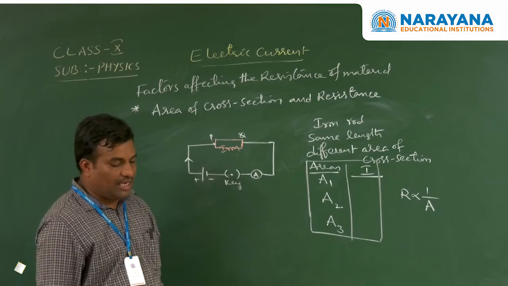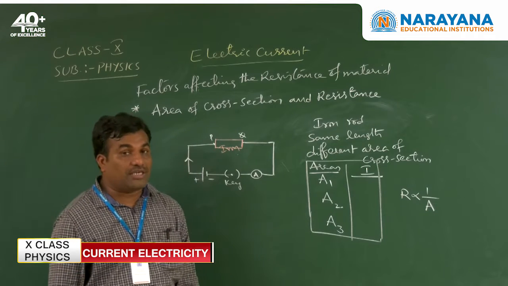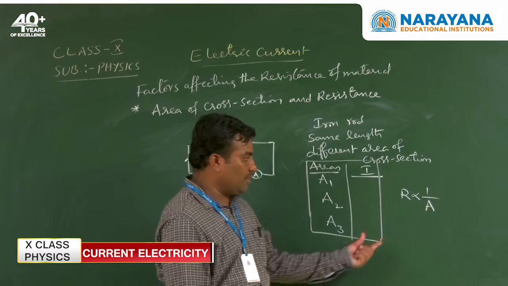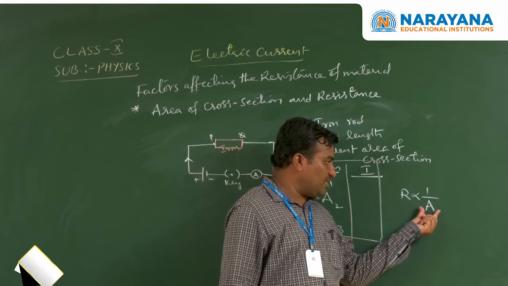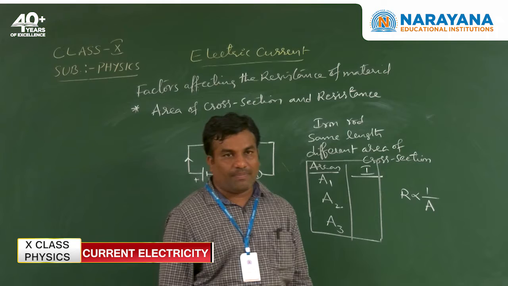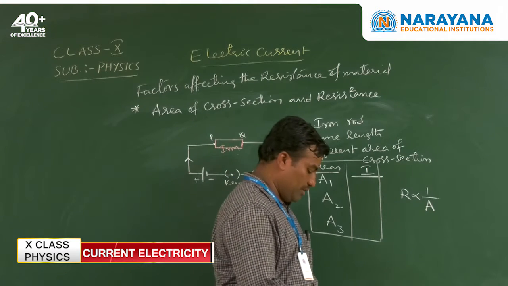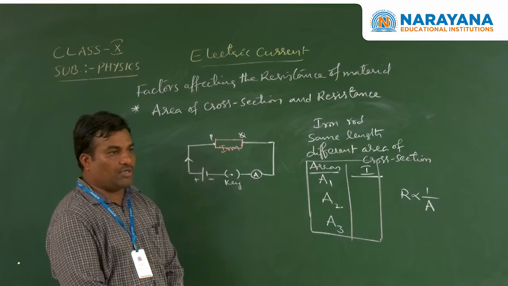Resistance is inversely proportional to area of cross section at constant temperature and length of the conductor. So we are getting the area and length concepts.